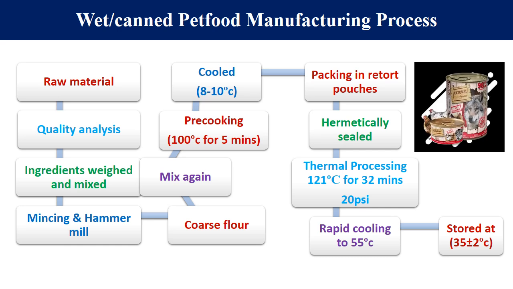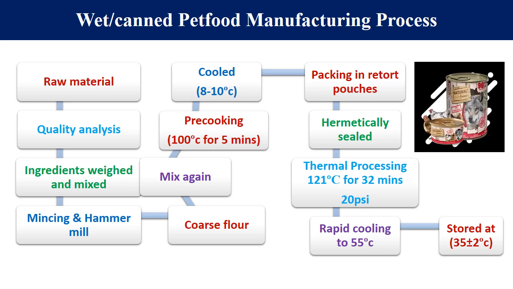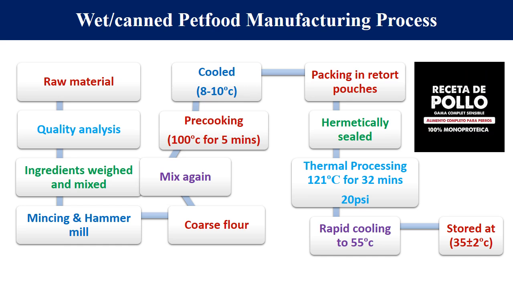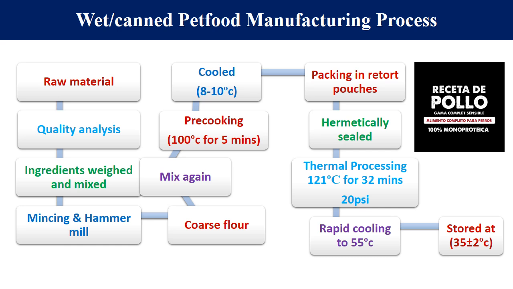So first the raw material is taken, quality analysis, ingredients weighing as per the formulation, then mincing and hammer mill, almost the same steps. Then the coarse flour is again mixed, and then it undergoes pre-cooking at 100 degrees Celsius for 5 minutes. Then it is cooled. Then it is packed inside the retort pouches.